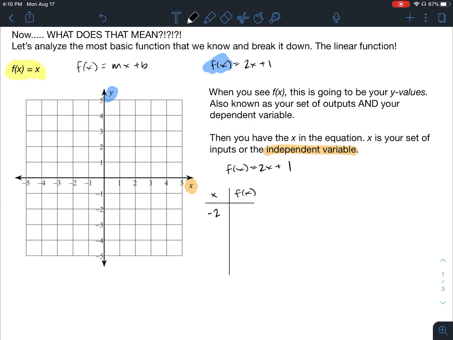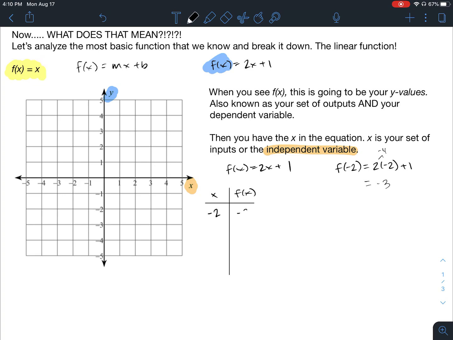So we say when x is negative 2, what is f of x? Well, let's input negative 2 into our function. So f of negative 2 is equal to 2 times negative 2 plus 1. So what is that output? Well, 2 times negative 2 is negative 4. And then we add 1. That's going to be negative 3, right?